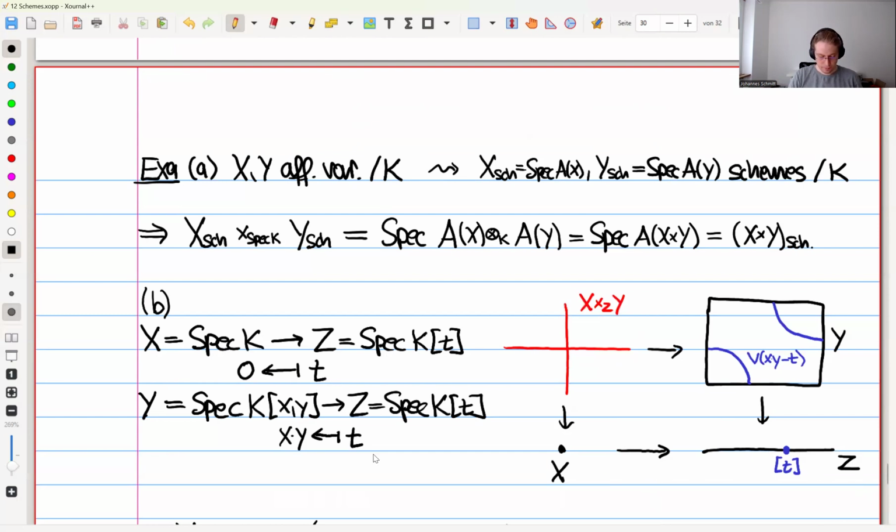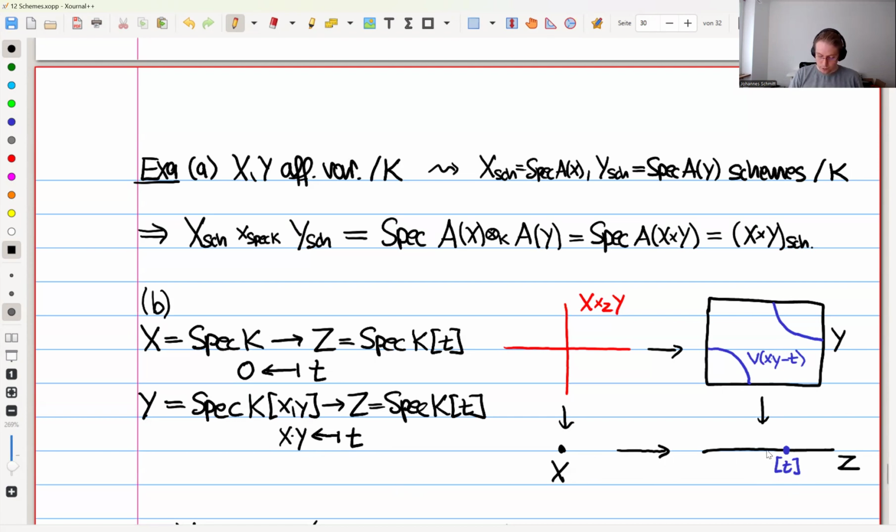This is one thing. And the other one is Y, the variety or the scheme associated to A^2. And from A^2 to A^1, you have this map which sends (x, y) to x times y. On the level of schemes, again, the map in the opposite direction takes this coordinate function t on Z and sends it to x times y, exactly what gives you the map of varieties.